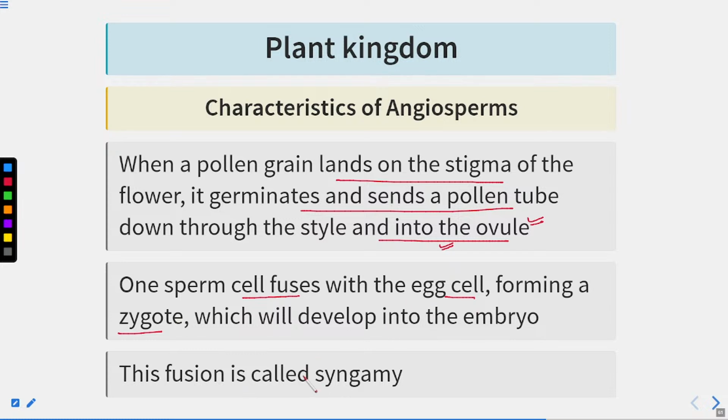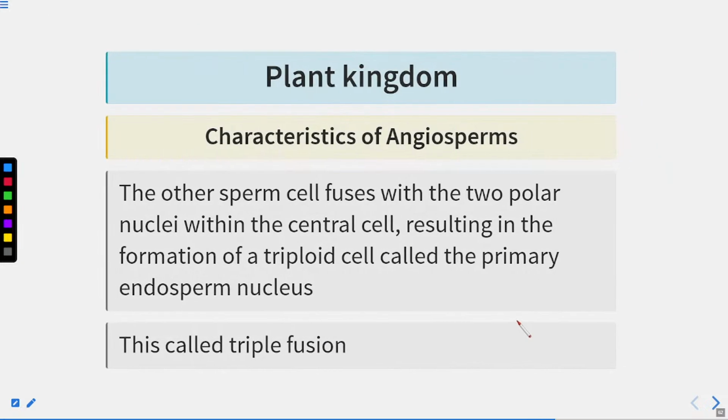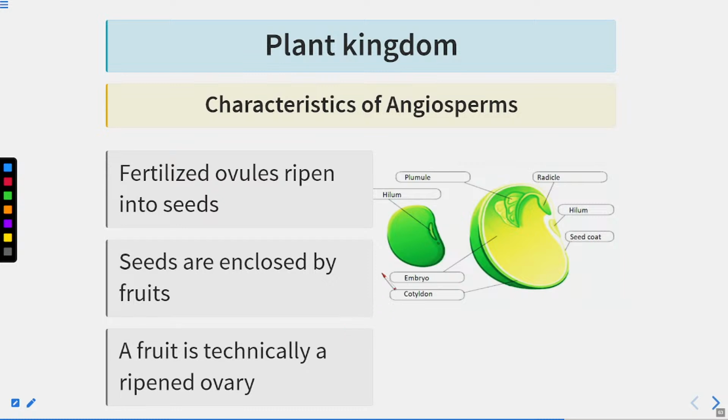When there is syngamy, the fusion of one male gamete with the egg, it gives rise to the embryo. The other sperm cell fuses with the two polar nuclei within the central cell, resulting in the formation of a triploid cell, the primary endosperm nucleus. So this is also called triple fusion. Fertilized ovules ripen into seeds.